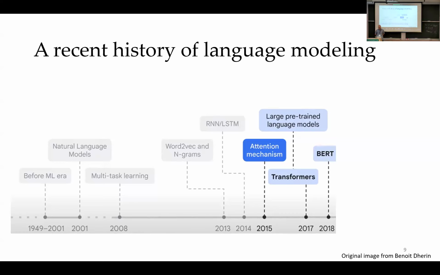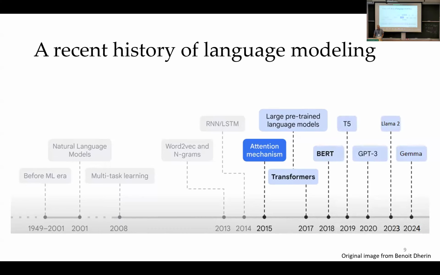If I'm not mistaken, for both attention mechanism and transformers, there were some people from University of Toronto involved, so we are at the right place to talk about these recent developments. Then we're going to also talk about BERT, and more recently we had T5 and GPT-3, models somewhat comparable to BERT.